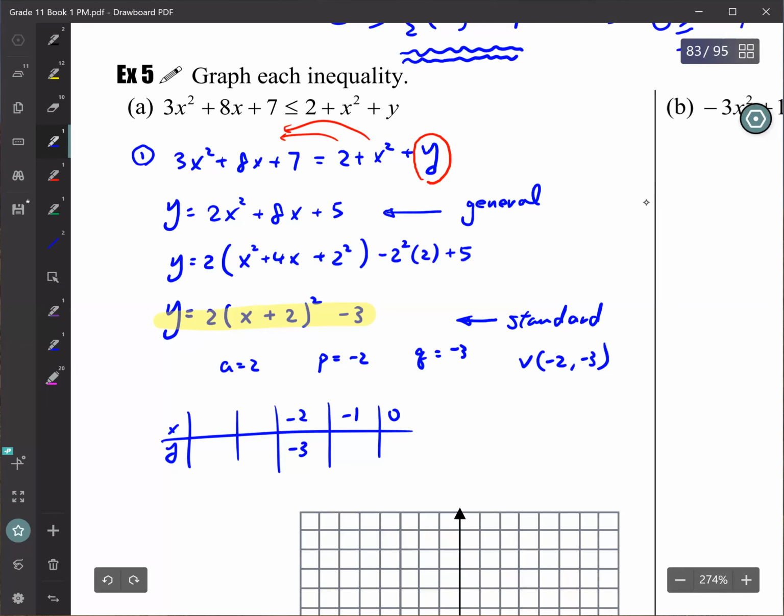What about the other side? 1 is still on the same side. I want the one on the left side. Negative 3. And negative 4. Okay, when you get the points, you just need points on one side, since it's symmetrical. So please complete the table and raise your hand.